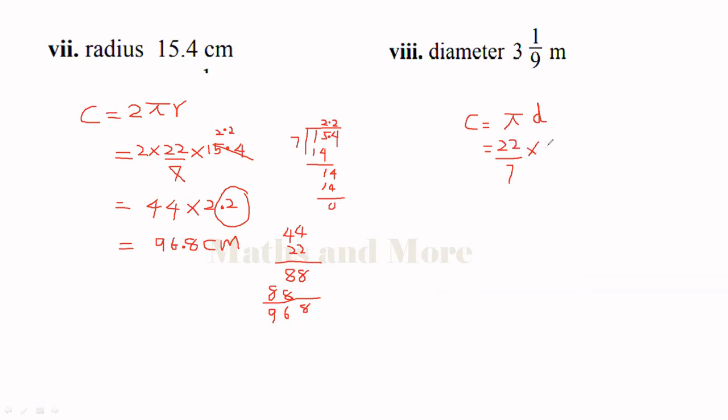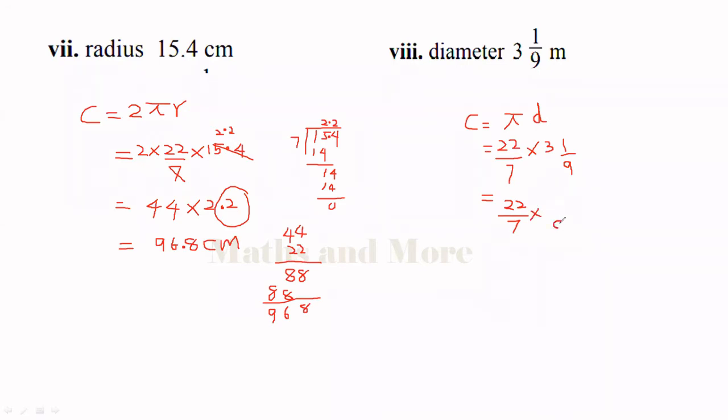Diameter d is 3 and 1 over 9, substitute that. Now after this step, this is a grade 8 problem. Can you remember there was a lesson in the second term, multiplication of fractions. Now this is similar to that lesson. Hereafter you can simplify if you know grade 8 things.